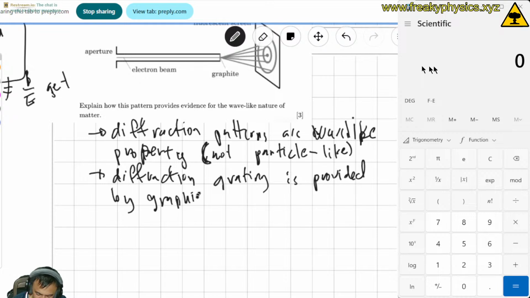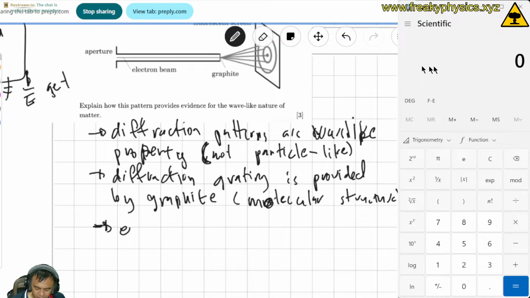To be more specific, I'm going to put this part in brackets because this may or may not be important: molecular structure. So that's the diffraction grating, and then the third part here is the electrons must have a wavelength corresponding to the size of the diffraction grating.